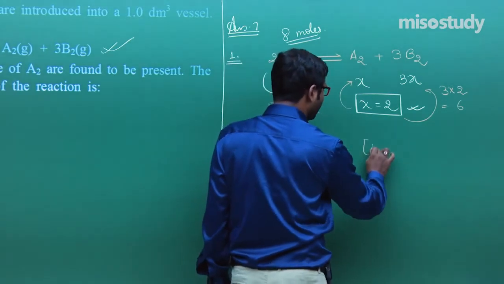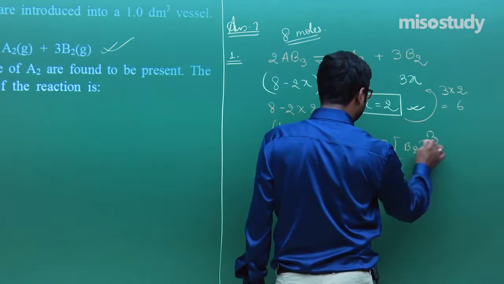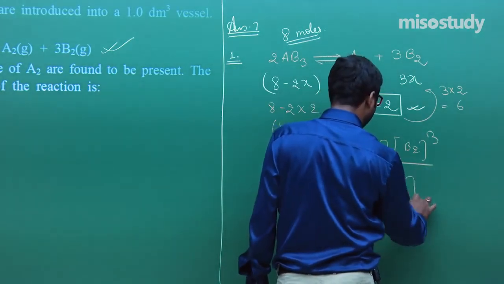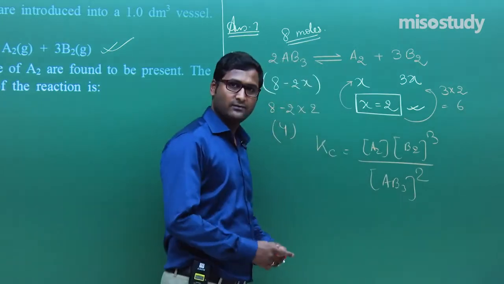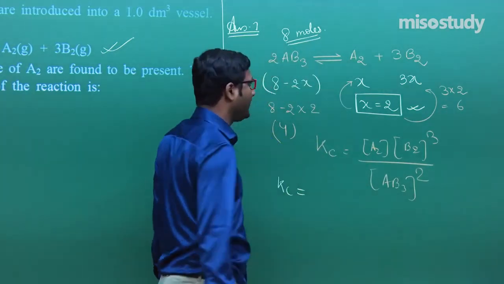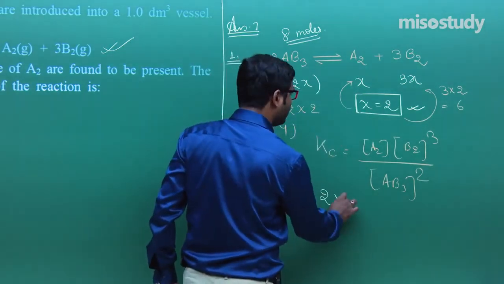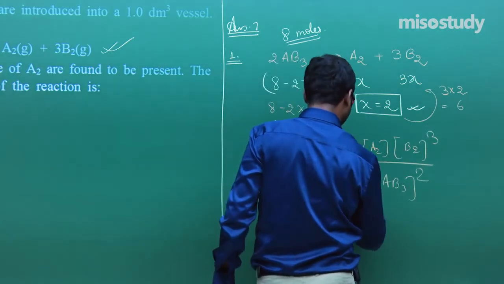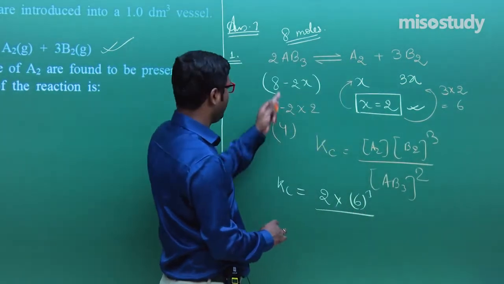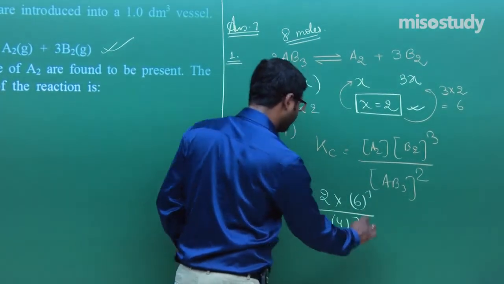That is concentration of A2 times B2 to the power 3 upon AB3 to the power 2. Am I right, friend? Now put down the values: Kc is equal to A2, that is 2, and B2, that is 6 cube, upon AB3, that is 4 square.